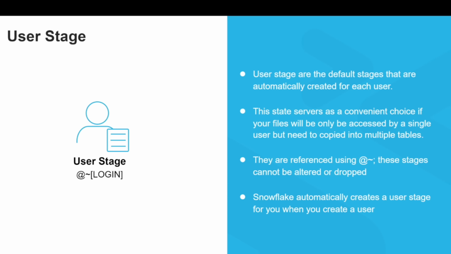The next one is the user stage. User stages are the default stages that are automatically created for each user. Whenever you create a new user in your Snowflake account, it will create a user stage for that user.